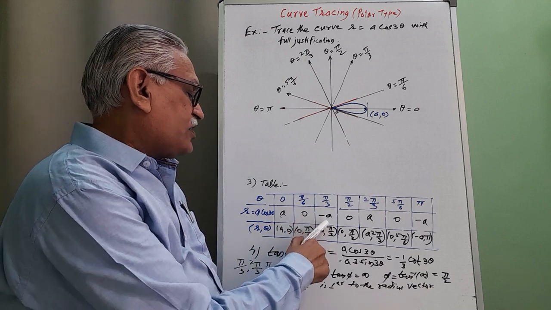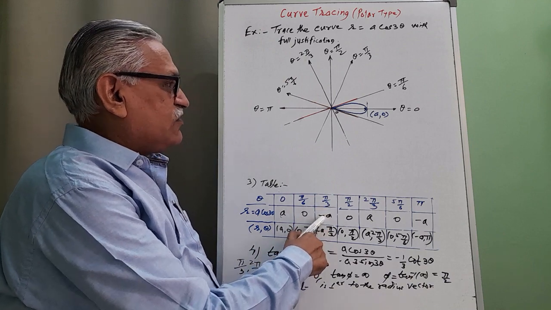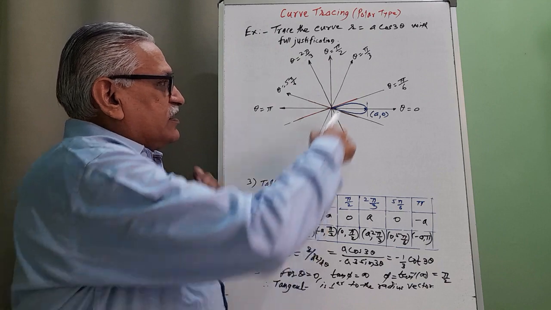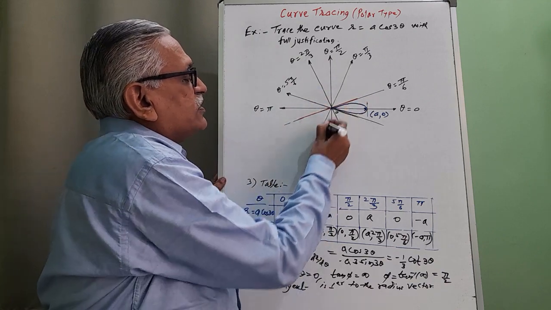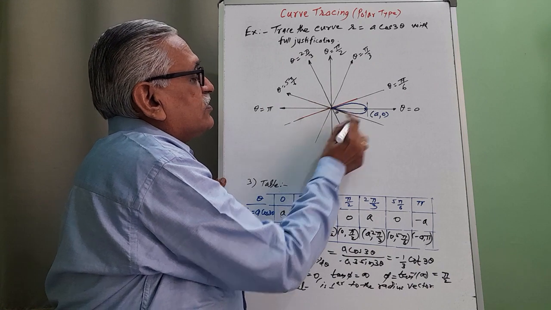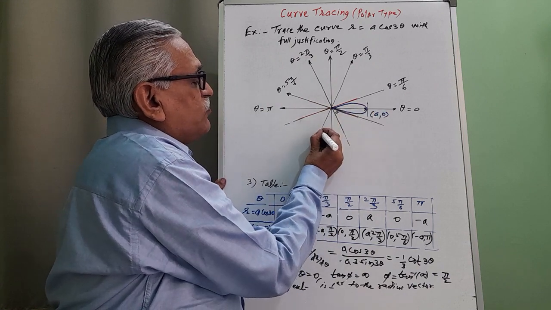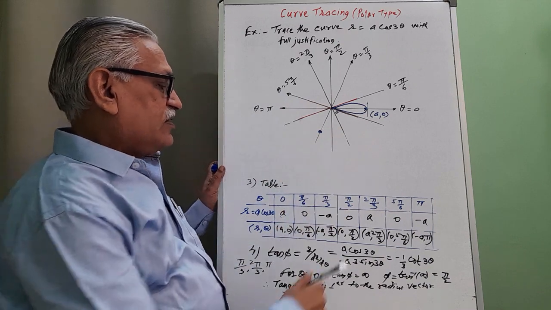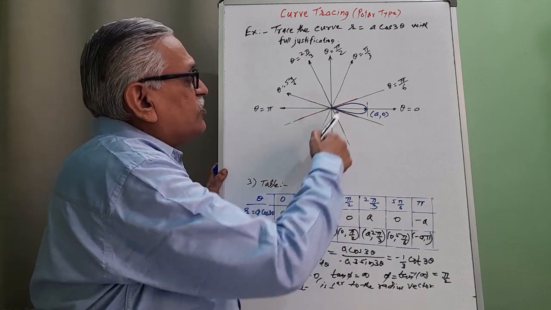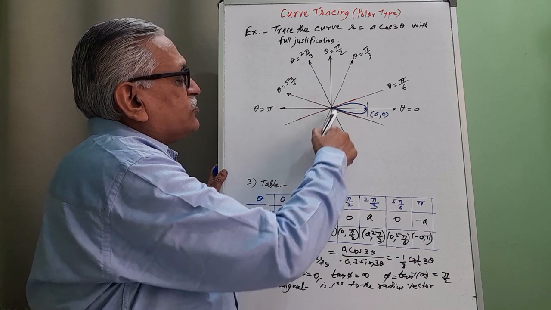Then for theta equal to pi by 3, the value is minus a. Therefore, on that line, as the value is negative, we plot it in the lower portion. Same distance, approximately this. Then for pi by 2, once again 0. Therefore, from this to this and this to this.